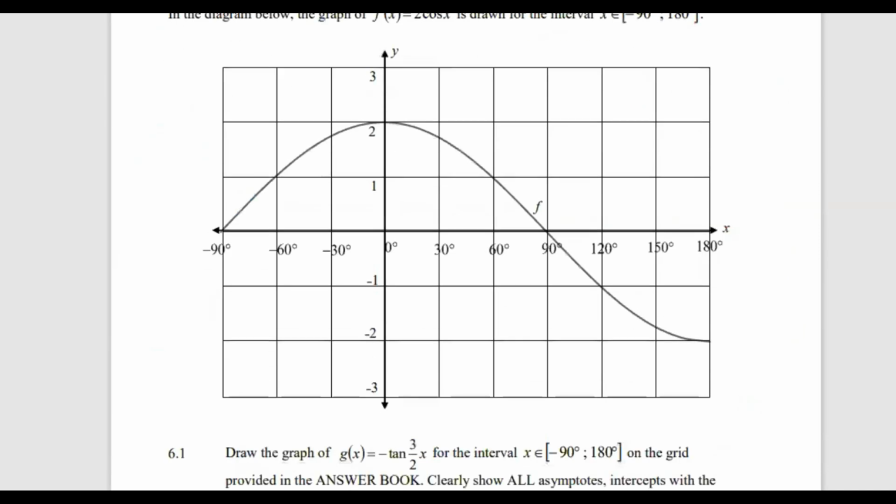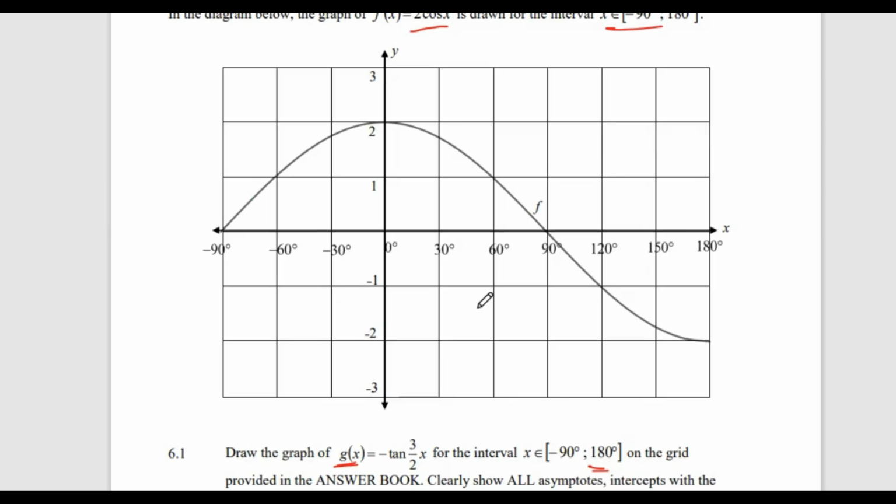Then question 6, which is the trig functions. In the diagram, we have f of x, 2 cos x, that is drawn in this interval. Can we draw the graph of g, which is negative tan x within this interval? So guys, it's up to you. Either you use your table or you use the calculator.